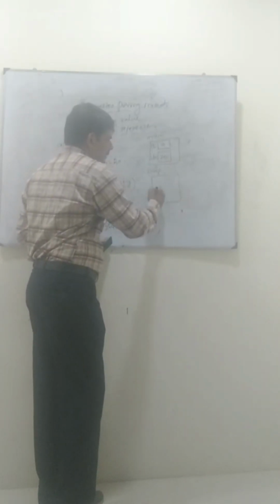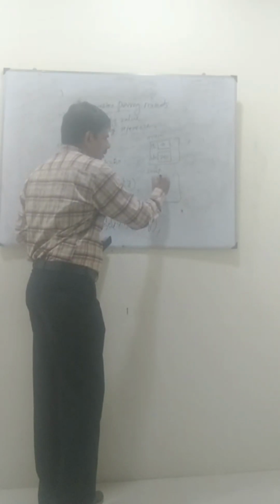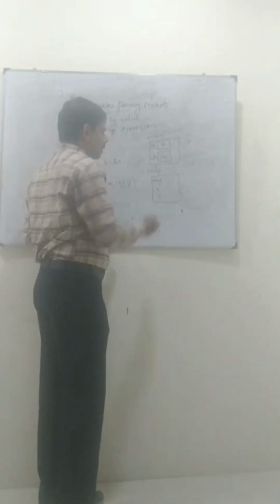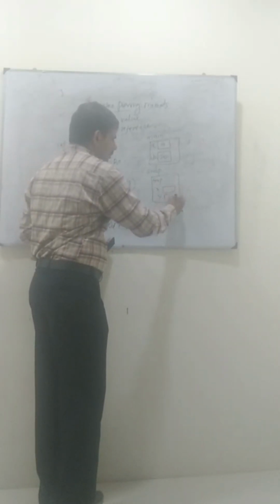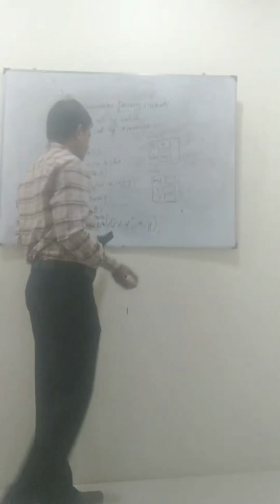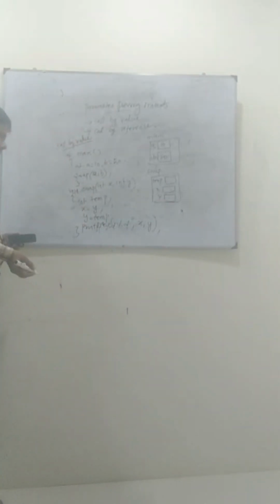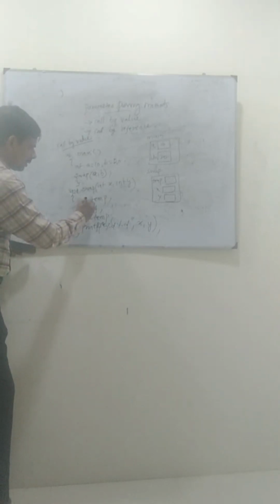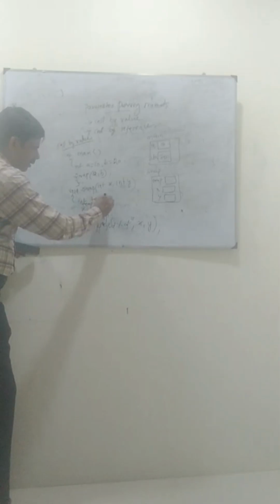Inside the sub program there are three variables. One is temp, another one is x, and another one is y. Okay. Now first assign temp equals x.